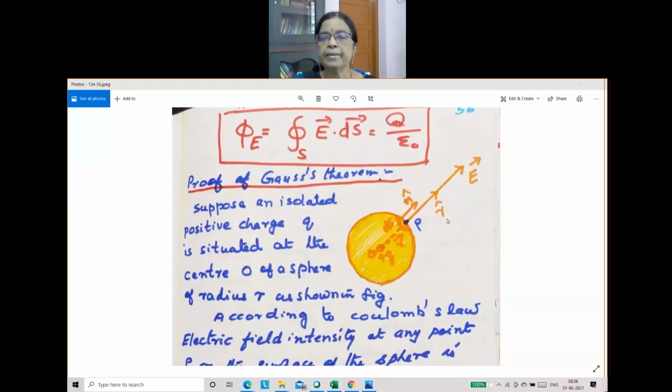Then next, what is the angle between the area vector and E? The area vector is the outward drawn normal. Krishna Sri, what is the angle between the area vector and electric field?